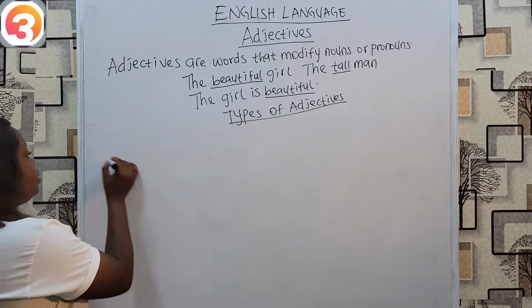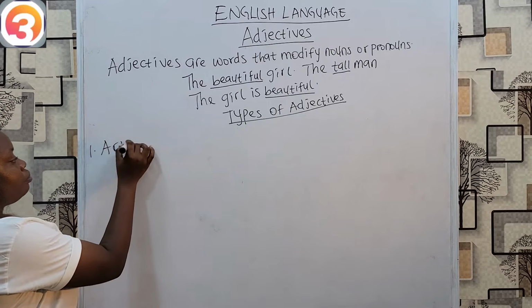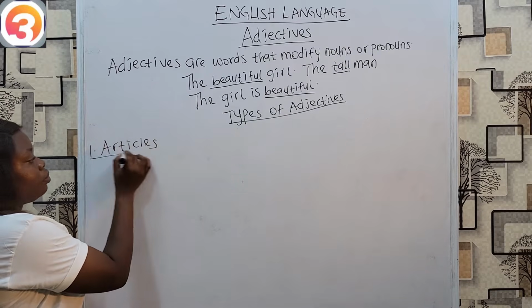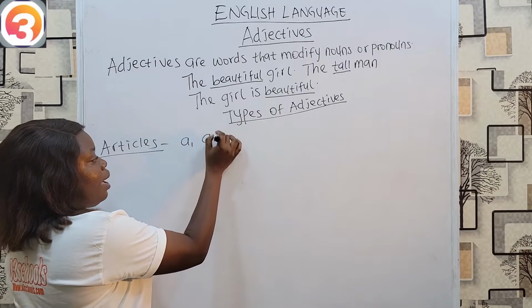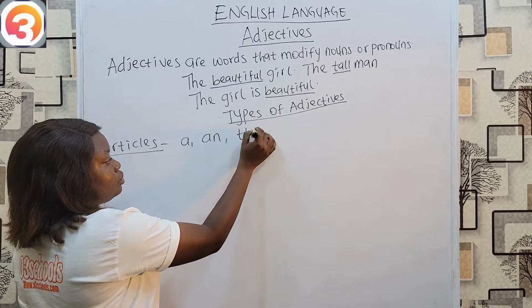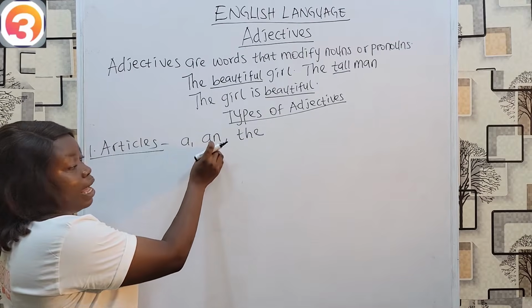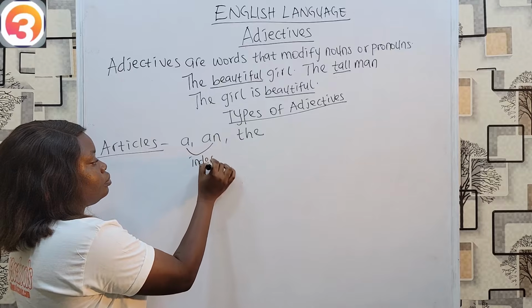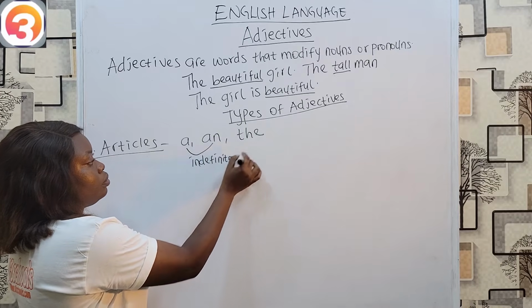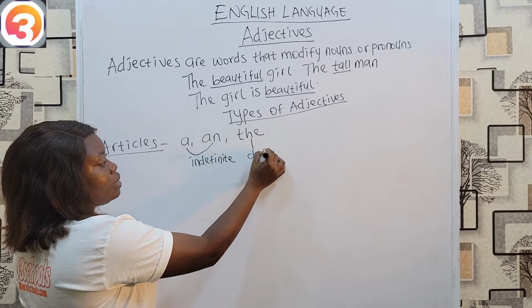We have one, articles. There are three articles. We have A, an and the. A and an are the indefinite articles, while the is a definite article.